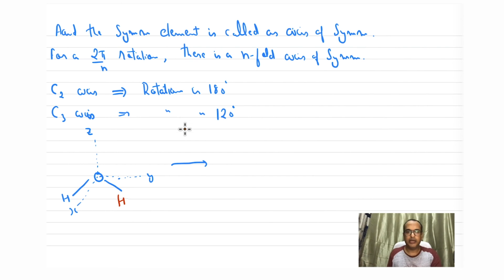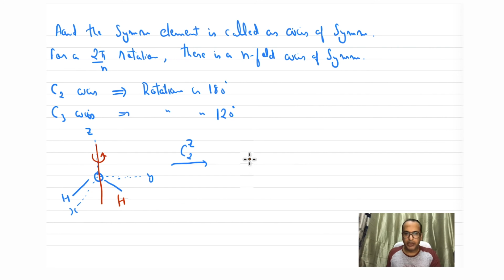Now let's say I do a C2 along the Z axis. I'm taking this axis over here, and the rotation is like this, anti-clockwise. Because it is C2, the rotation will be 180 degrees. Now how would the molecule look? Let's draw the molecule.